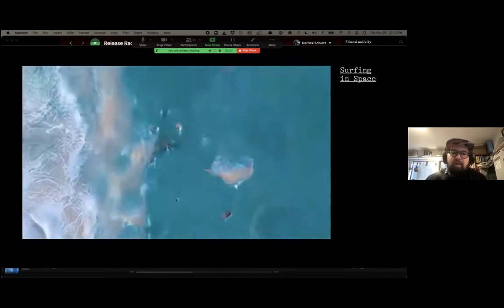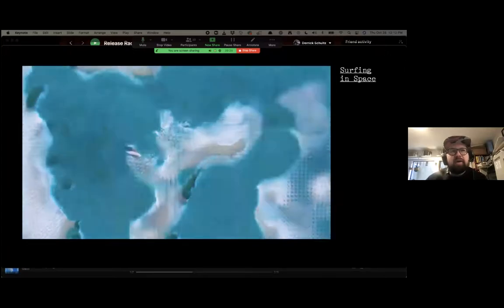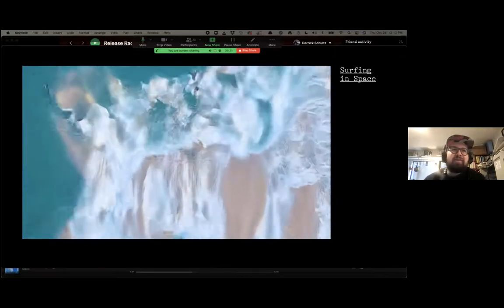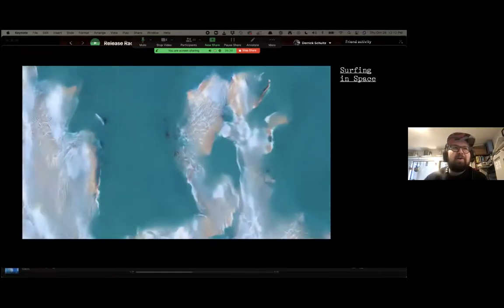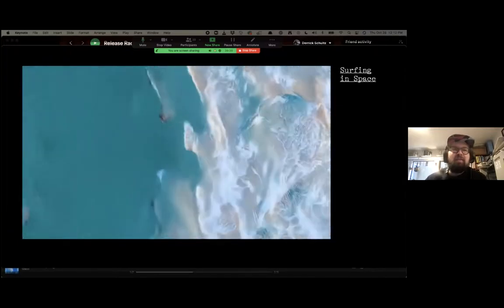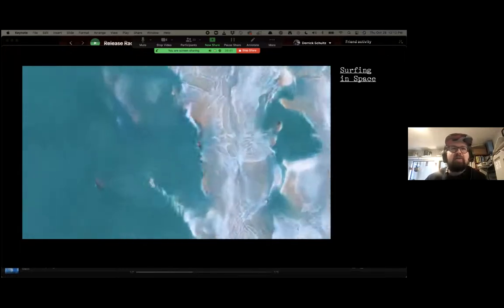And I'm really fascinated again with this idea of recycling and reuse and remix because there's so much material already out there in the world. Do we really need to go out and record more video of the ocean, or can we use what already exists? Maybe that's just me being lazy, but I think it's still a fascinating thought or concept or way to think about things.